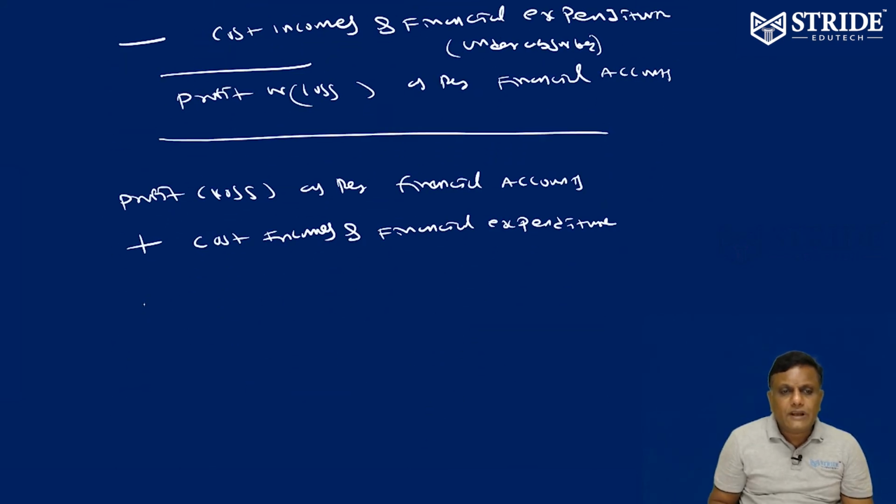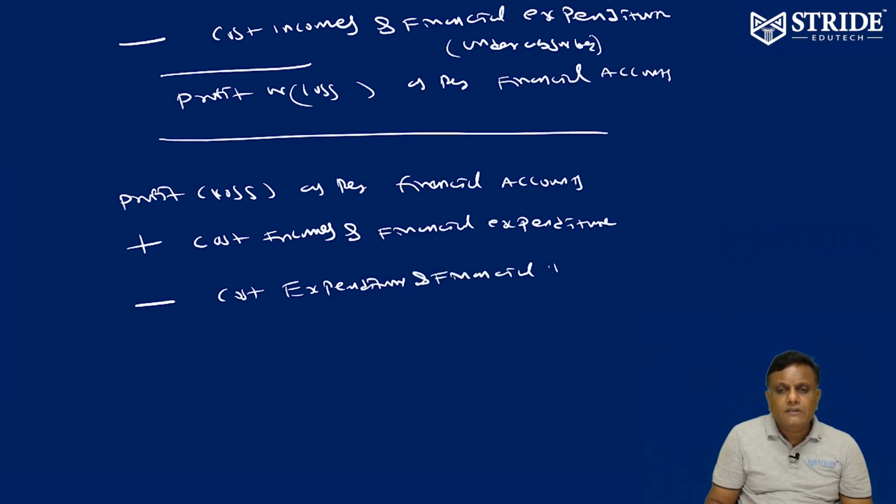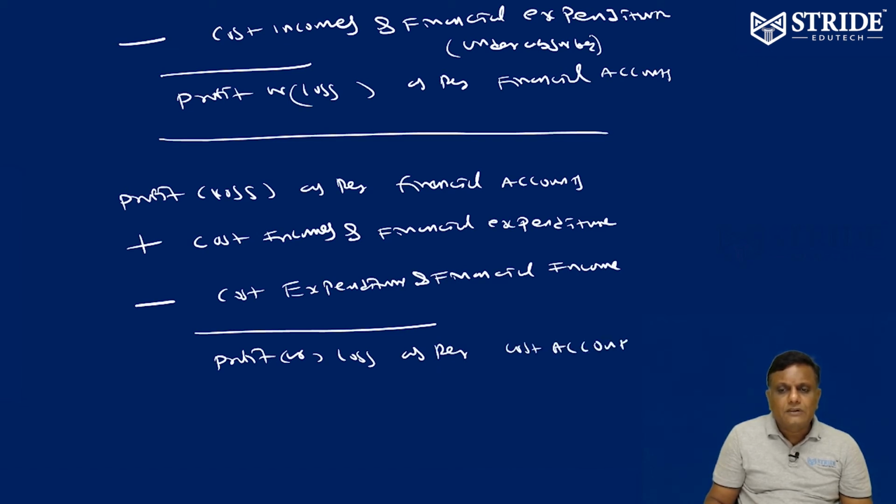What are the items to be subtracted? Cost expenditure and financial income are to be subtracted. So the answer is profit or loss as per cost accounts.